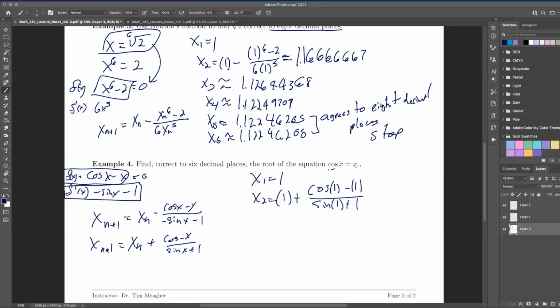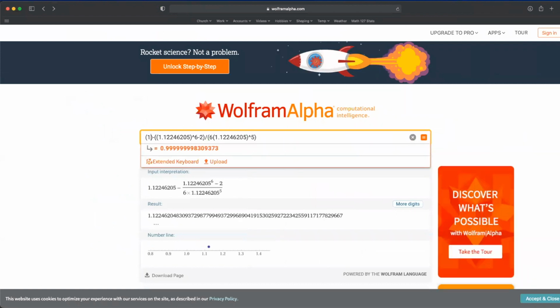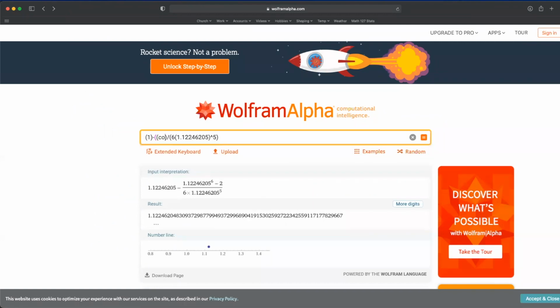All right, so let's go back to my little cheat sheet. Wahoo! So here we are. So this will be 1, now cosine of 1 minus 1.